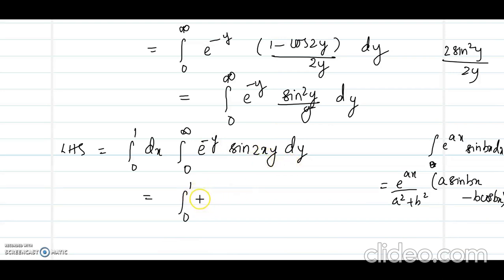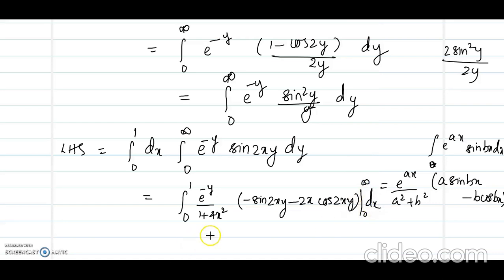So we are going to get e power minus y by 1 plus 4x square, then minus sin 2xy minus 2x cos 2xy, with limit from 0 to infinity, dx. Now at infinity, applying the limit on y, e power minus infinity is 0, so the value at infinity is going to be 0.